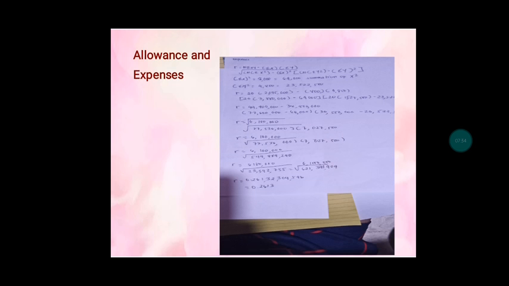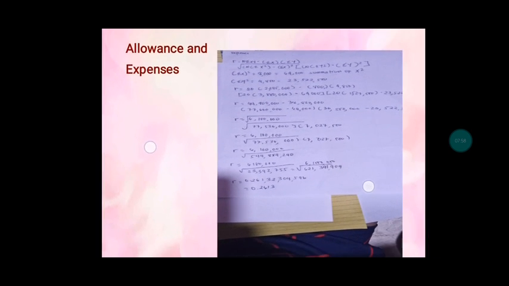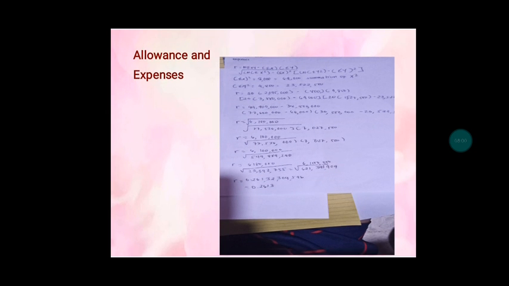And the next, ayan, allowance and expenses. So yung R natin is n summation of XY minus summation of X times summation of Y. So ito yung formula. So yung n natin is 20. So bakit? Kasi ayon sa table ko, yung total respondents ko is 20.